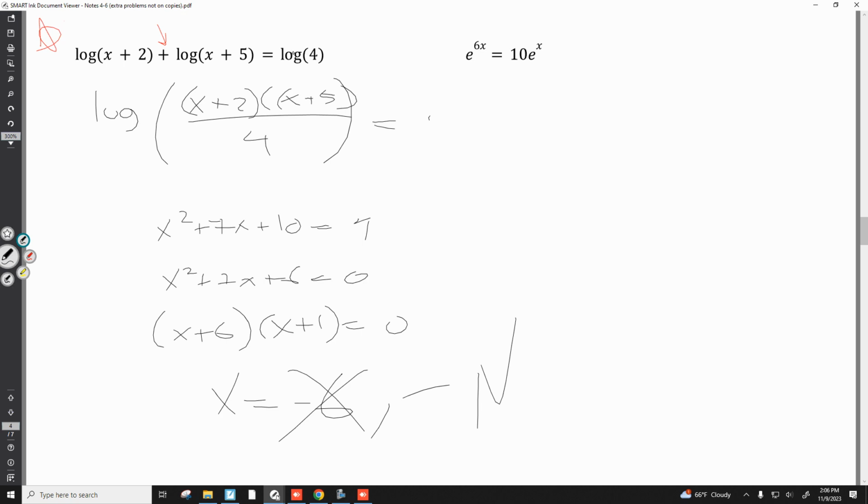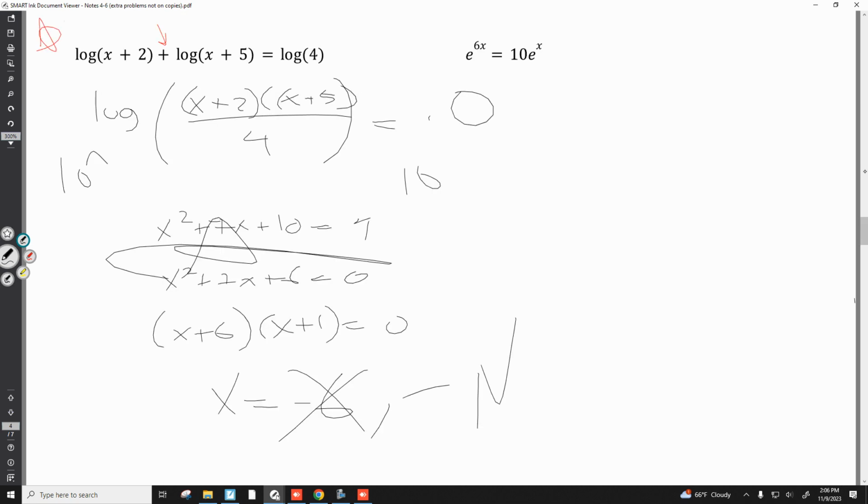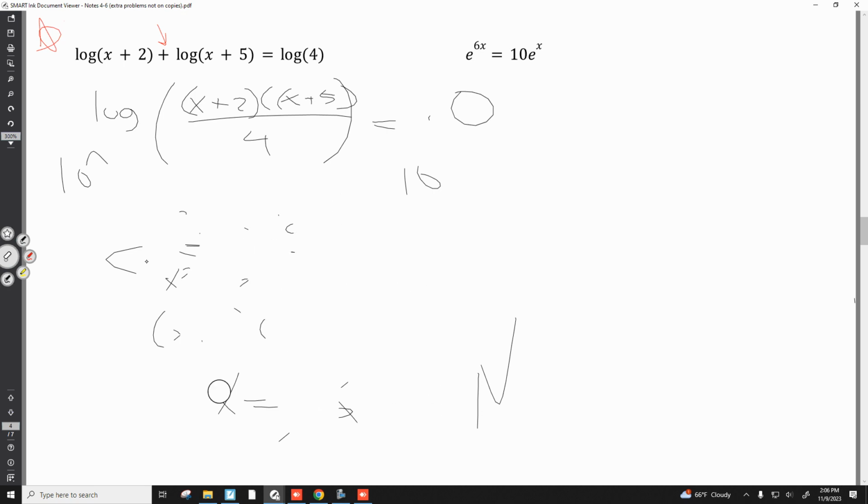But you subtracted the log 4, so that equals 0, right? When you take 10 to the power, yes, the log on the left side will go away. The right side becomes 1.